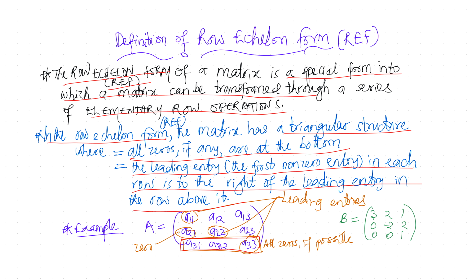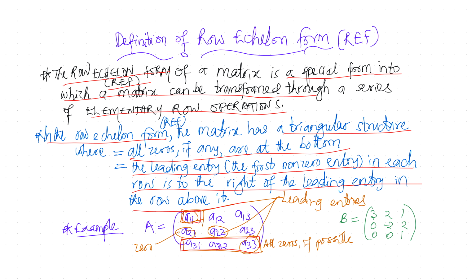So usually the element in row 1, column 1 would be a leading entry. That one is very normal. And that's for row 1. So for row 2, the second condition is saying that any other leading entry you're going to have should be to the right of the one at the top.